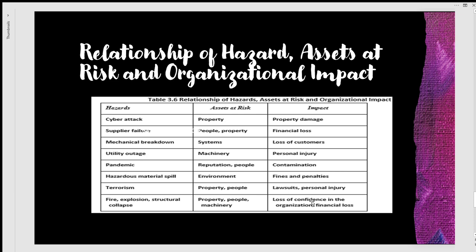So, yung risk assessment with the identification of hazards, tsaka assets at risk, kung ano yung matatamaan ng hazards, and also yung impact analysis, kung ano yung pwede impact nito sa business natin. Makakatulong siya sa organization natin para ma-increase yung likelihood na ma-achieve natin yung goals natin.